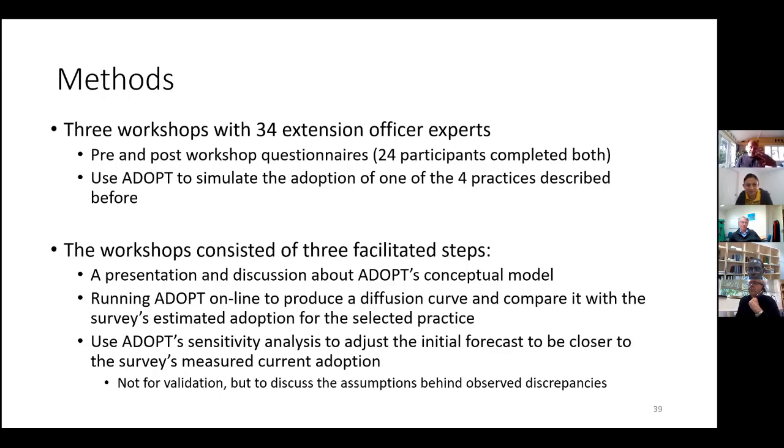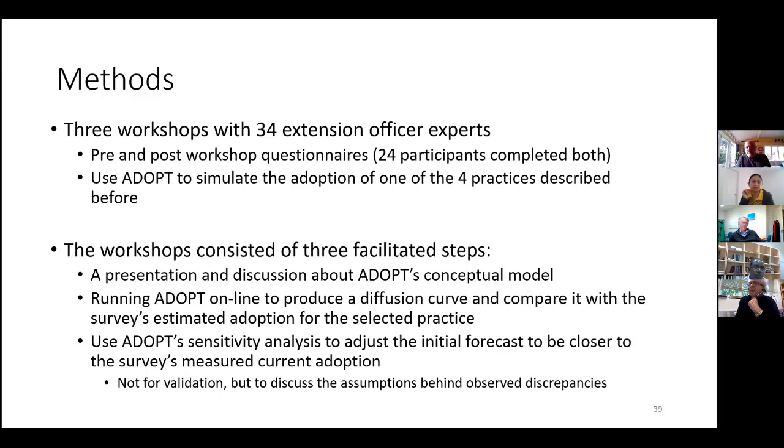The workshop basically consisted of asking them to choose one of those 4 practices that we saw before and then run ADOPT. These are the 3 stages. First was a presentation about the ADOPT conceptual model, which is the first component of the model that I considered, then running ADOPT, and then producing a diffusion curve and comparing that to the estimate for the selected practice based on the survey.